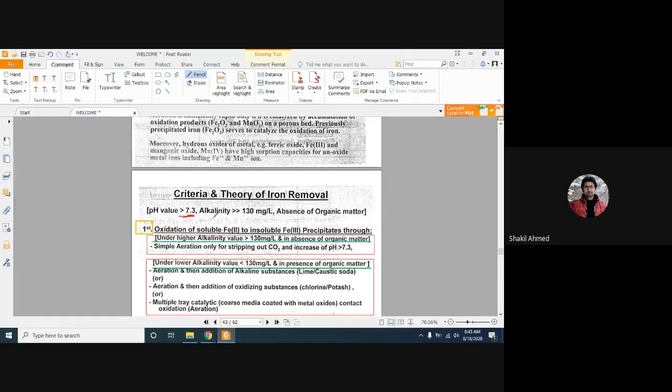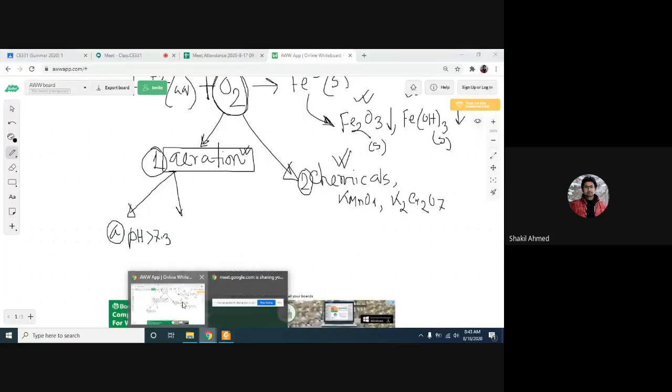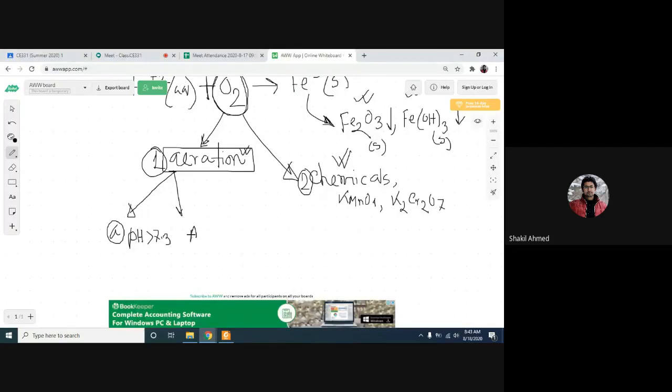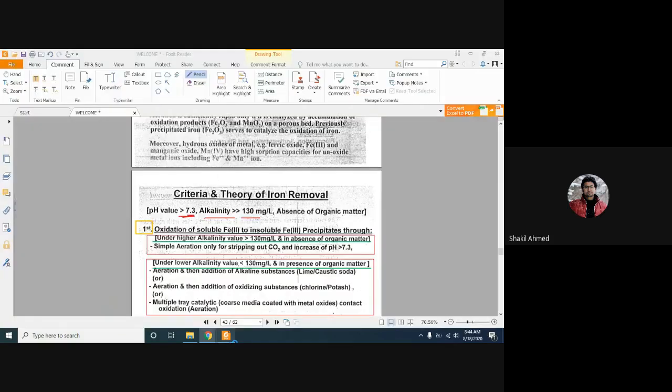And number B is your alkalinity in water has to be much greater than 130 milligram per liter. Okay, and C is absence of organic matter.